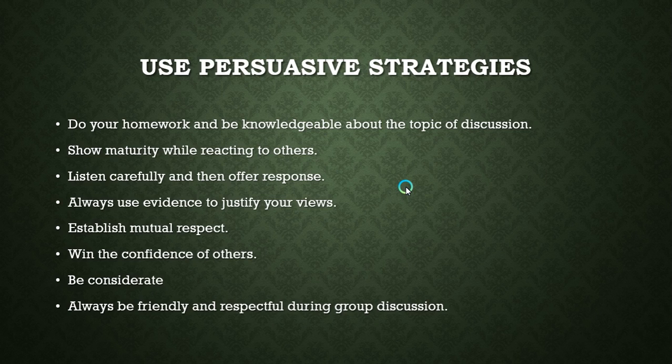with evidence. Establish mutual respect, win the confidence of others, be considerate, consider others' views, don't show off your attitude in the group discussion. Be considerate, accept others' views. Be considerate means accept others' views even if they are different to what you say.